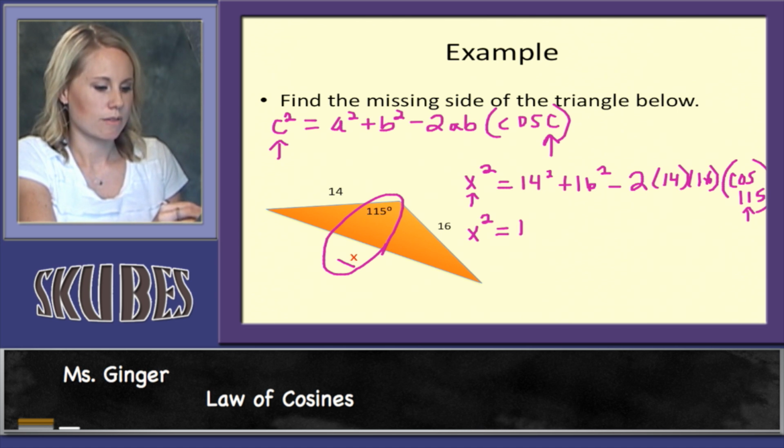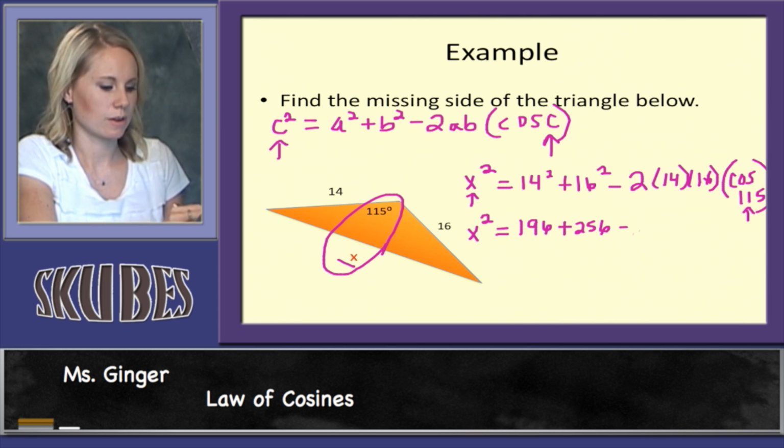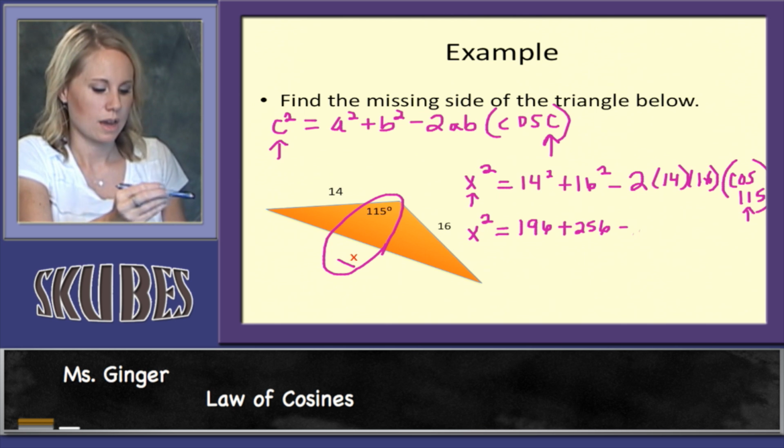So let's see. I have 196 for 14 squared and 256 here. You can work along with me. Let's go ahead and get that product, 2 times 14 times 16. Okay, 448.